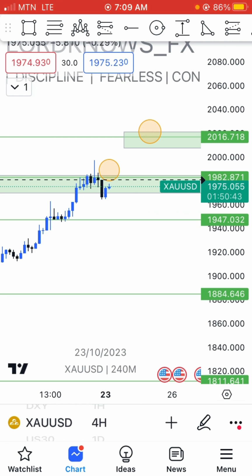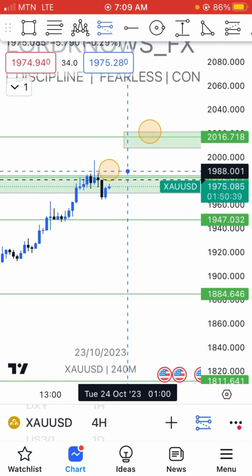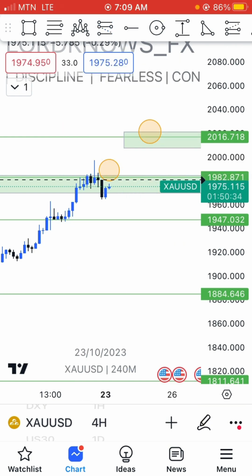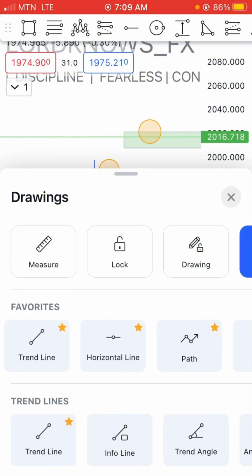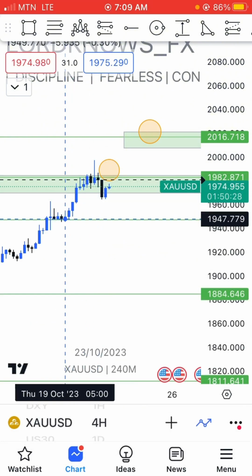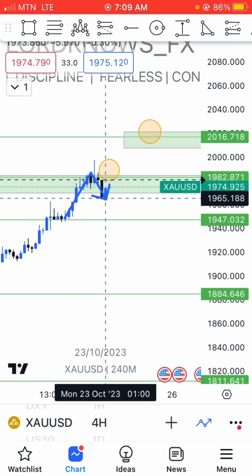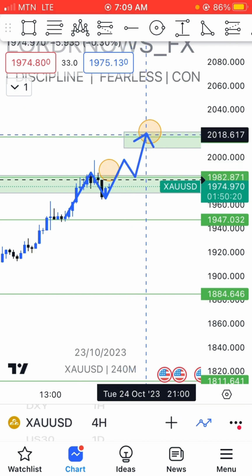So let's say if it happens, an entry will be here. If the market reacts this way, if the market breaks this, then this, there will be a pullback here before an uptrend.